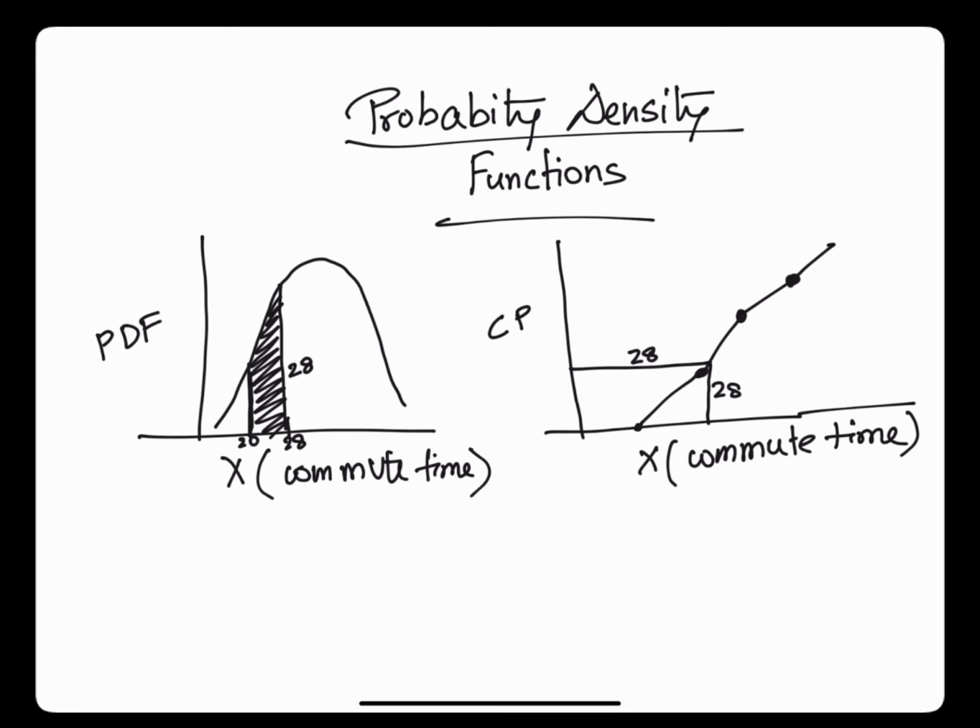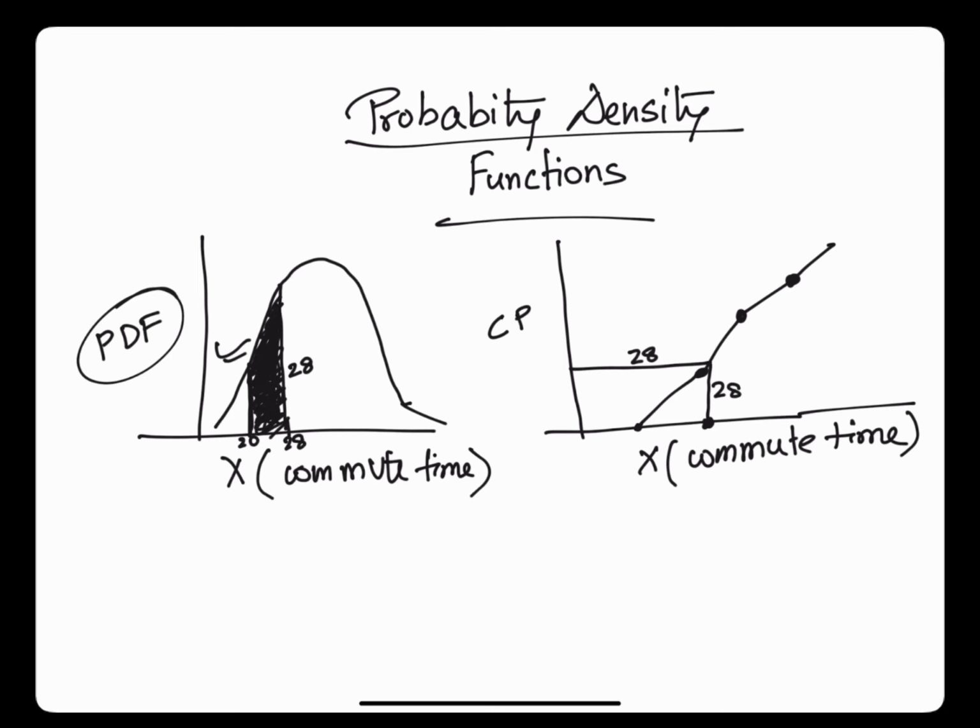For example, here, if you want to find the students who take 28 minutes to reach the school, the probability is given by the value of the CDF at x equal to 28, and in the PDF it is given by the area under the curve, which is between 20 to 28.